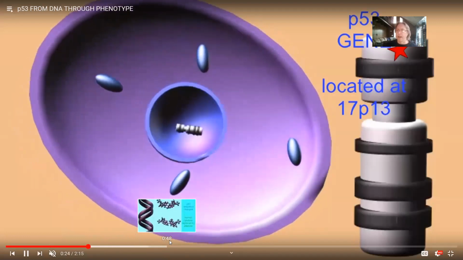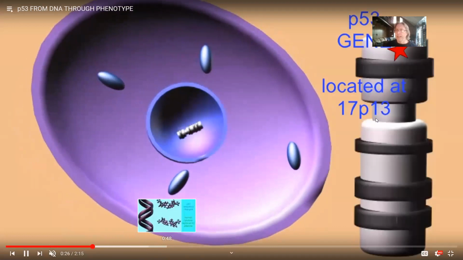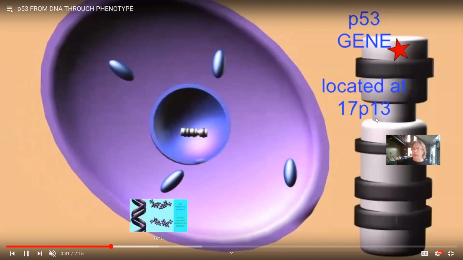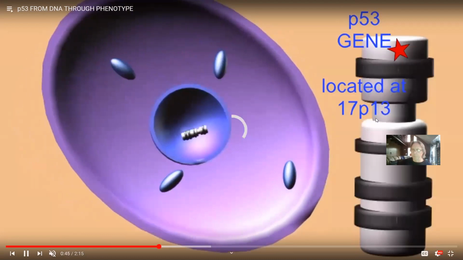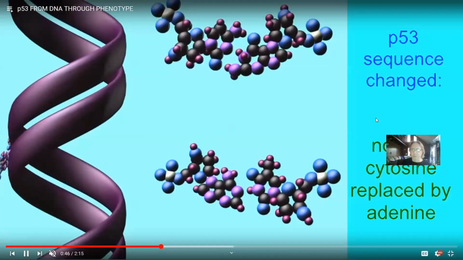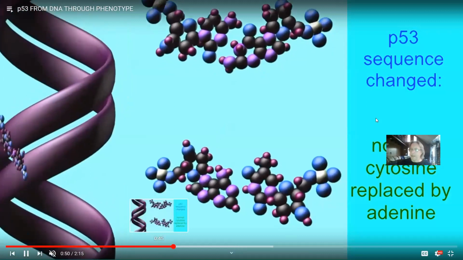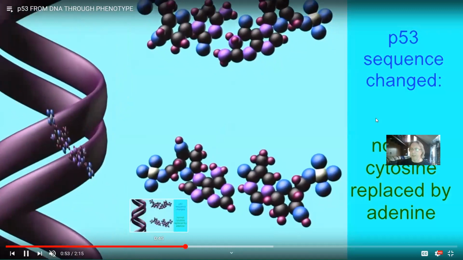So not having a functional P53 protein is more likely to cause cancer than anything else. P53, and BRCA1 that I mentioned previously, and other tumor suppressors too, are involved in stopping cells dividing after they've had mutations.